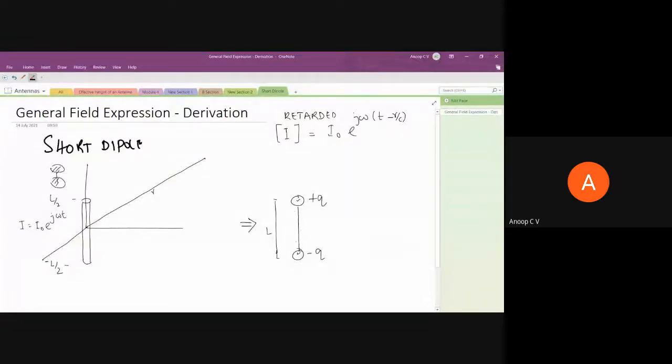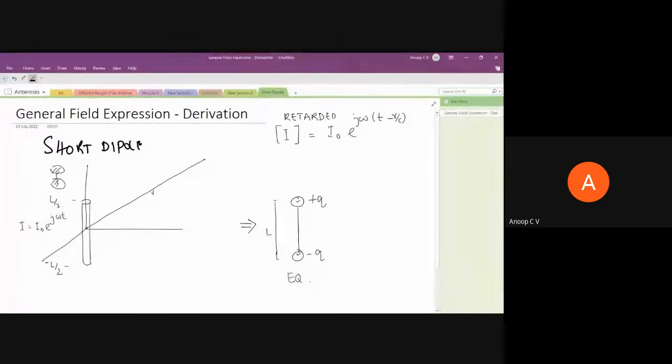In between, we can assume there is no charge. So this is an equivalent circuit.